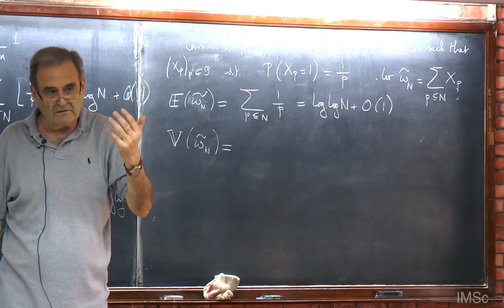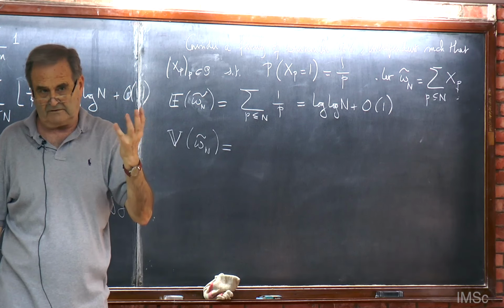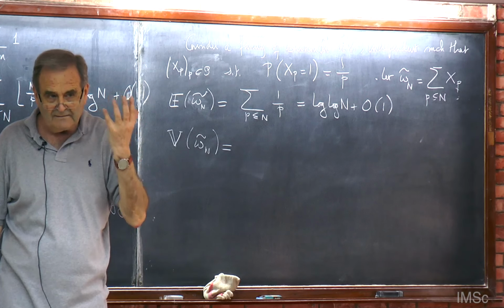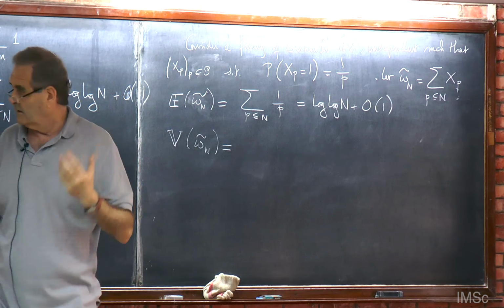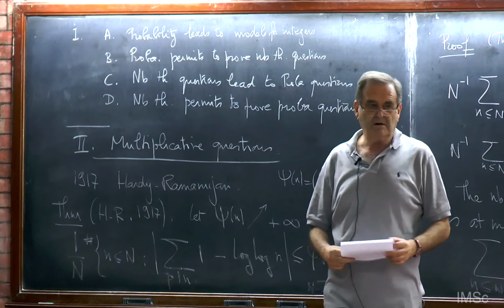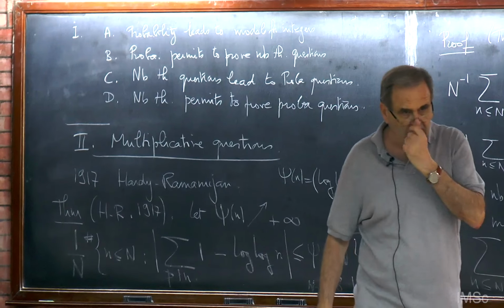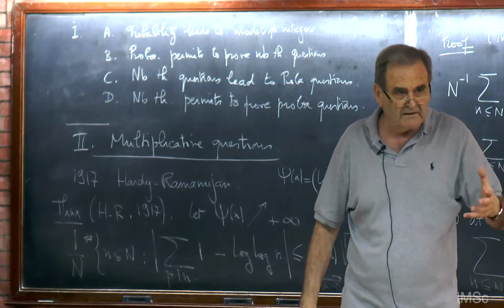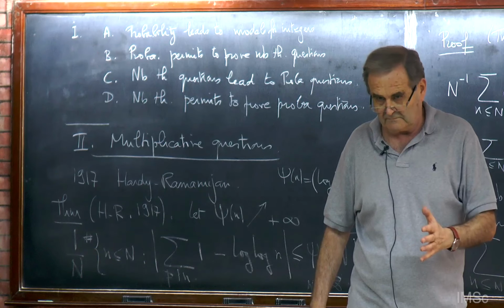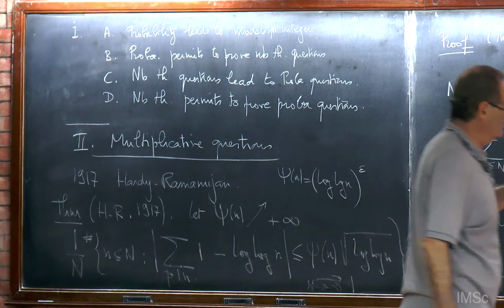So in some way, the heuristic probability is the product of these probabilities. So being divisible by 2 and being divisible by 3 are in some way independent events. This is the basic observation, and all the multiplicative questions will play on that. It wouldn't be true if you said divisible by 2 and divisible by 4. But this is a good model.